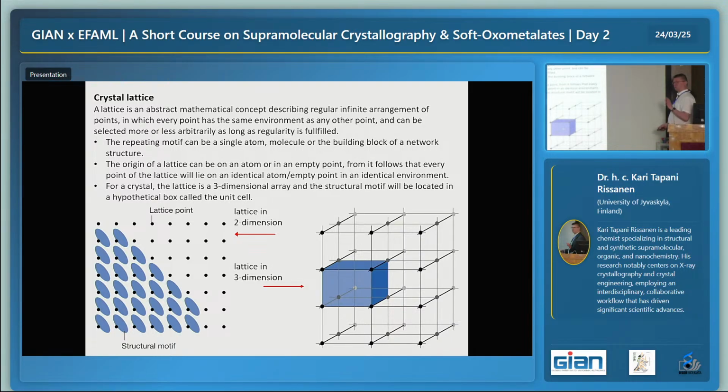And now this box is very important for us. Because if you look carefully, this blue box here, you can move it anywhere in here. And it's the same box. But if you repeat this direction, that direction, and that direction long enough, you will get a physical object. So this is the smallest possible repeatable unit which describes the whole object.